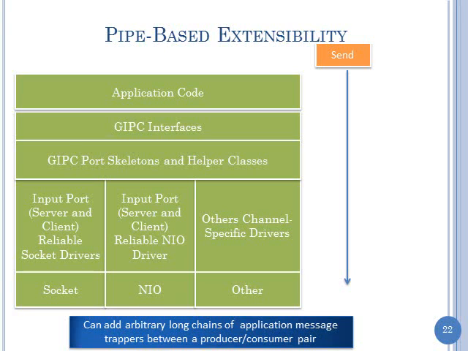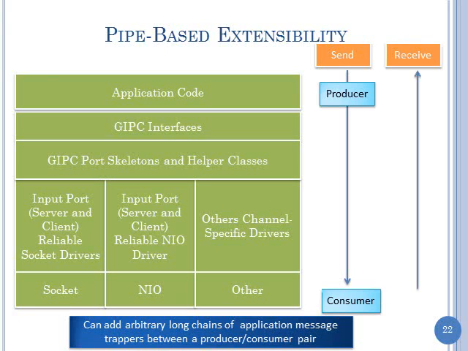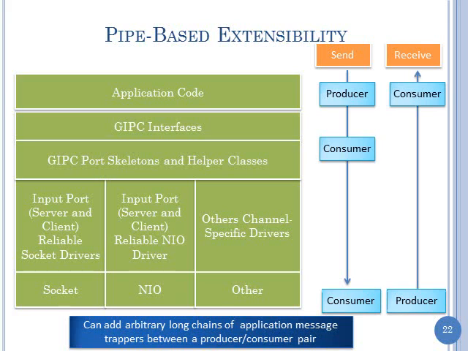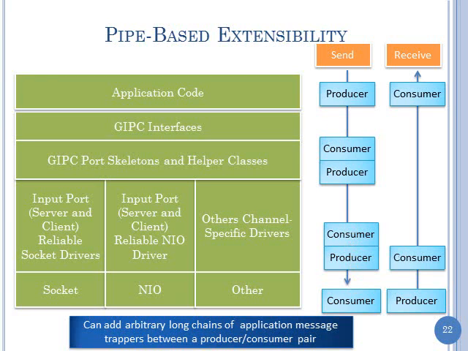When a message is received, my driver layer, NIO socket, is the producer, and my application is the consumer. So I will add pairs of these things, so that when I add some layer here, it becomes a consumer to this layer. So this layer doesn't even know the difference. And then it's a producer for the layer below it, and so forth. That's the basic idea.